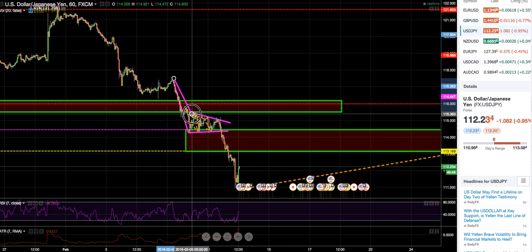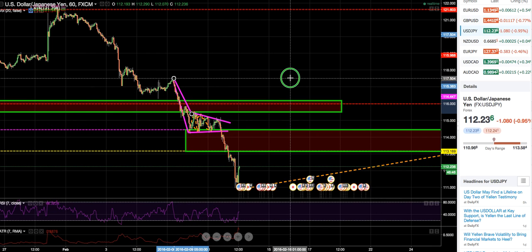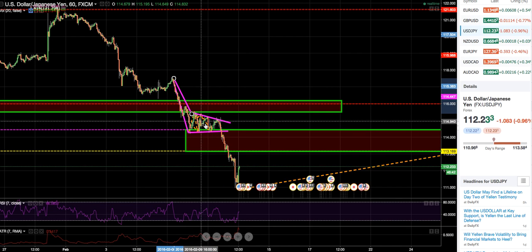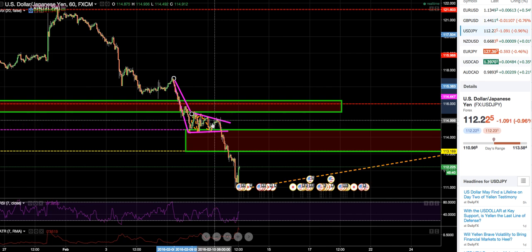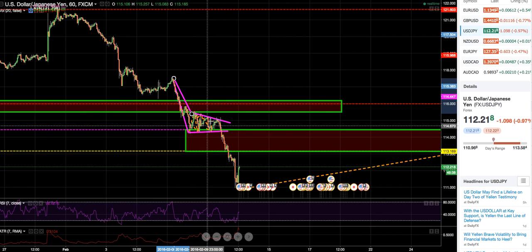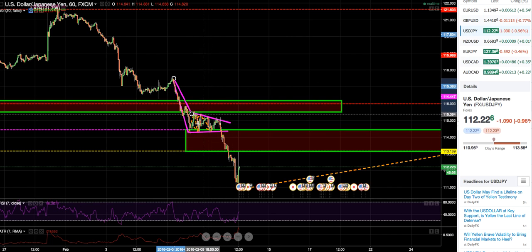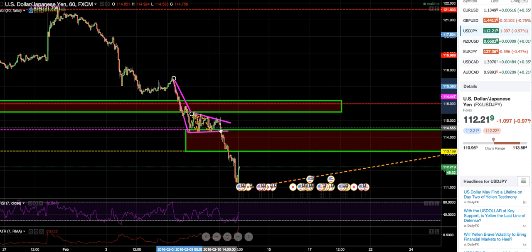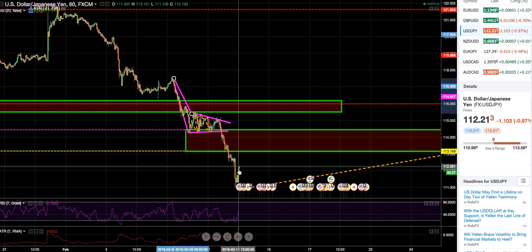So this would look something like this, and I'm sorry about the drawings, they're not complete. If you would consider this a pennant pattern, you can see that the market is consolidating inside. It's slightly sloped, so it's tightening, and it breaks through.